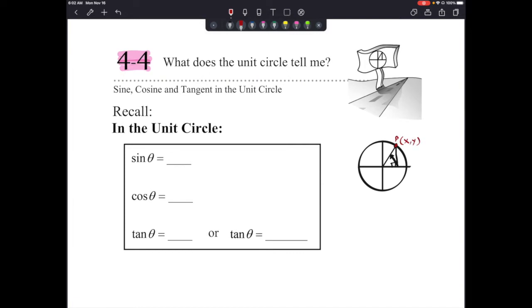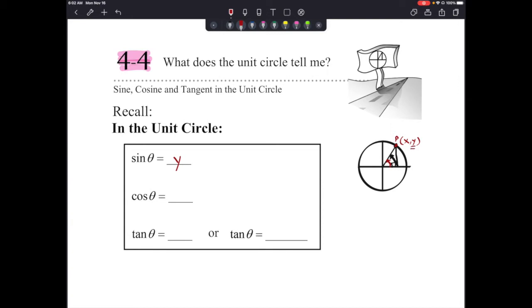And we knew then that we could always find the y value of any point by looking at that central angle that opens up. We call that our theta angle, and so the sine of theta is always going to equal the y coordinate of any point P on the unit circle.